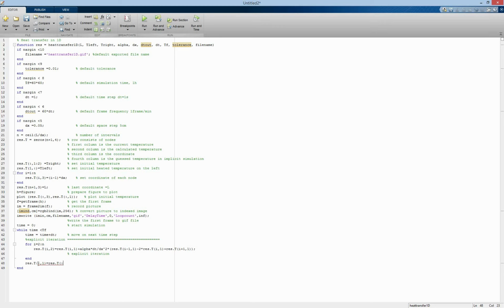And after calculations, I copy the calculated temperature to the current temperature before moving to the next time step.